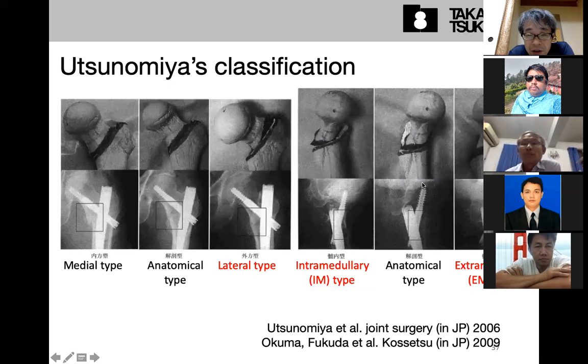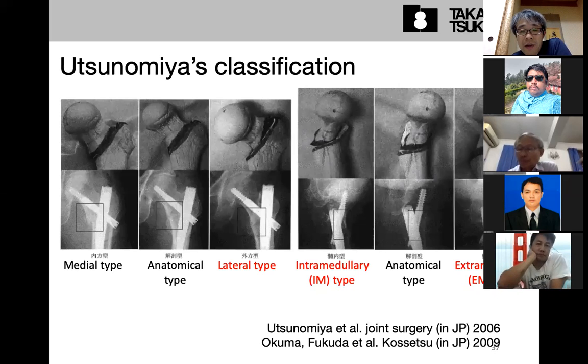This is posterior to the anterior cortex of the distal fragment, and is called the intramedullary type, IM type. But this is also the impacted type. So this red fracture is the impacted fracture I classified.